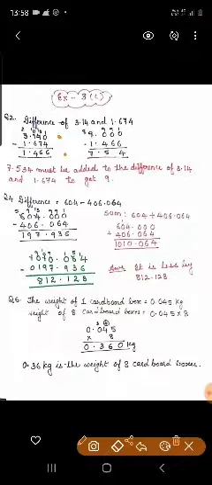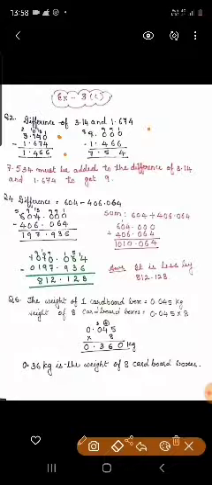Now how much more is required in 1.466 to get 9? So for this we are going to subtract 1.466 from 9. Now 9 is a whole number, children. So first we are going to make it a decimal number by adding zeros after the decimal. So I made it 9.000, and when I'm subtracting 1.466 from it, I am getting 10 minus 6, 4.